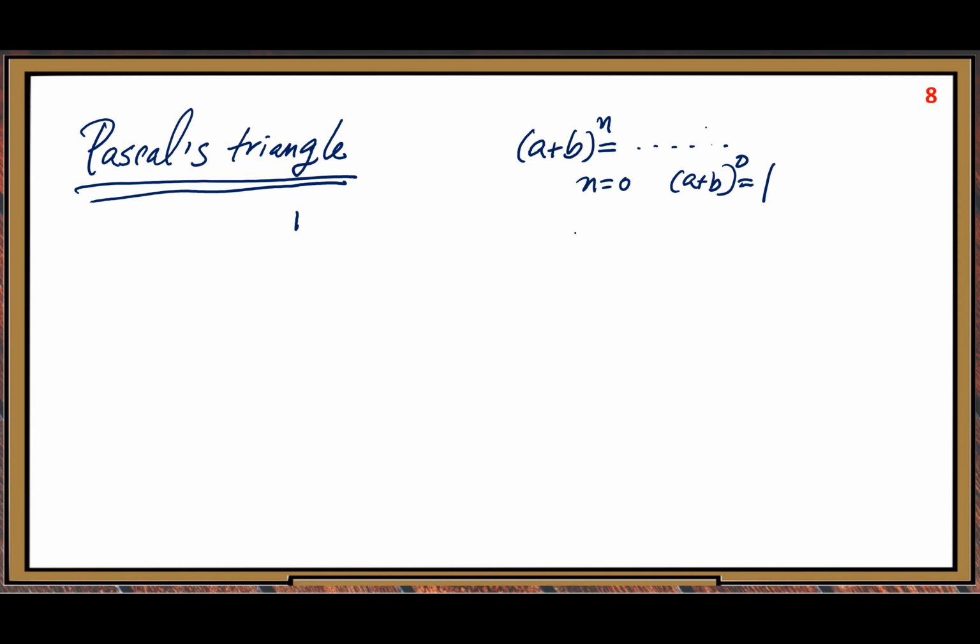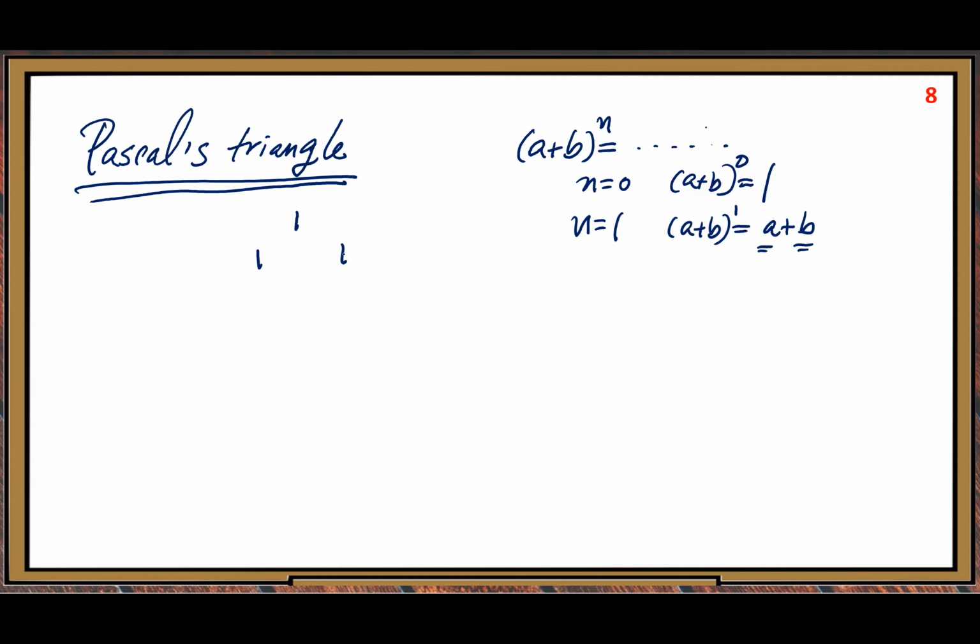When n equals 1, we list a plus b to the first, which equals a plus b. You can see the a coefficient is 1, the b coefficient also 1. So we put it after the top level: 1, 1.